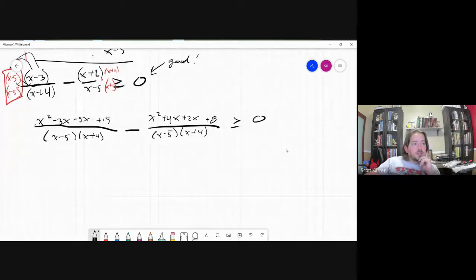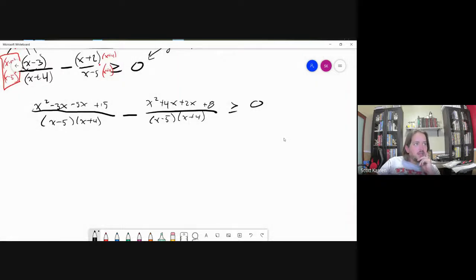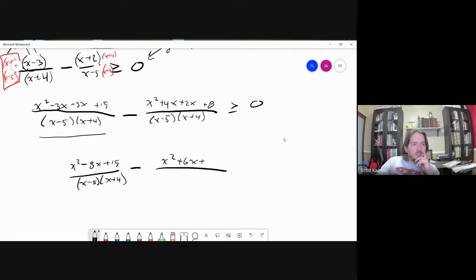So I have some cleanup to do. I can rewrite this as, on the left, I can simplify that guy to x squared minus 8x plus 15 all over that same denominator, minus, and this guy cleans up to x squared plus 6x plus 8, again over that same denominator.